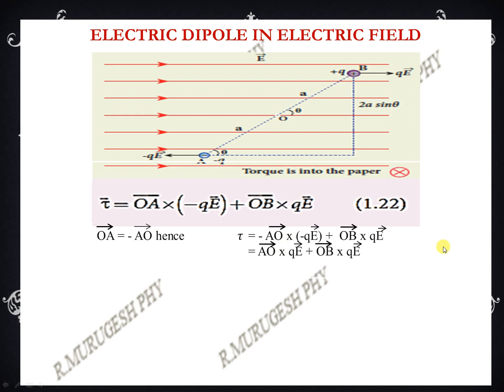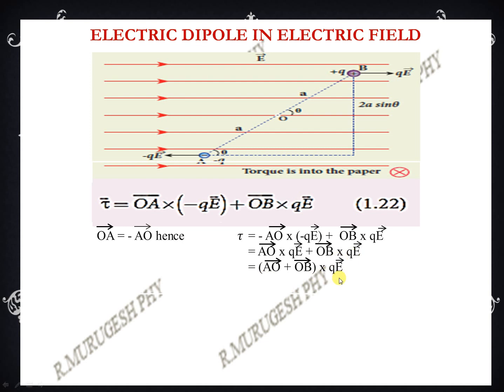So the next step, we take it as AO vector cross QE vector plus OB vector cross QE vector. Now in both the terms, QE vector is there, and can be taken as common. Within the bracket you can write AO vector plus OB vector. What is AO vector plus OB vector? That is AB vector.